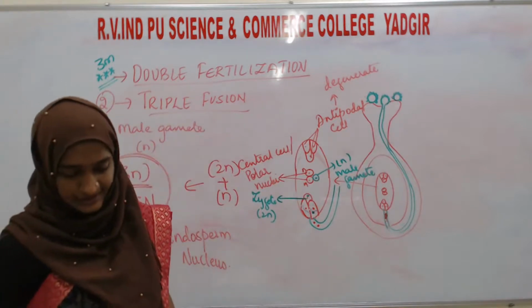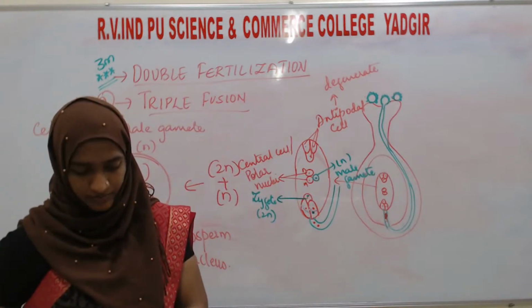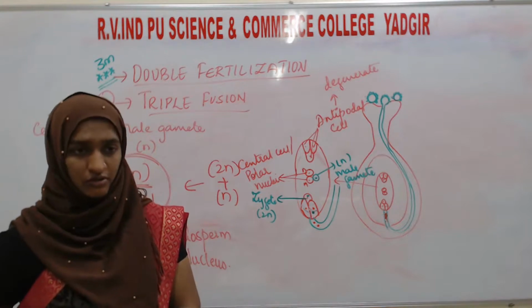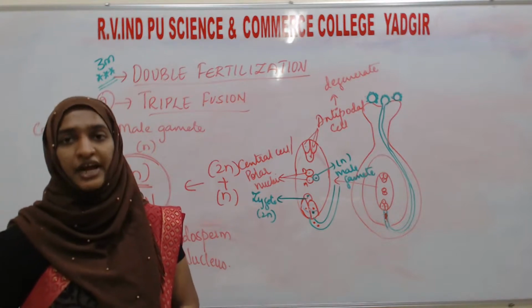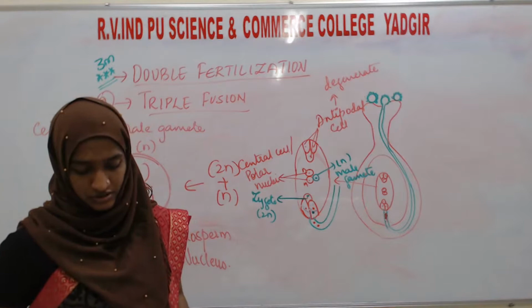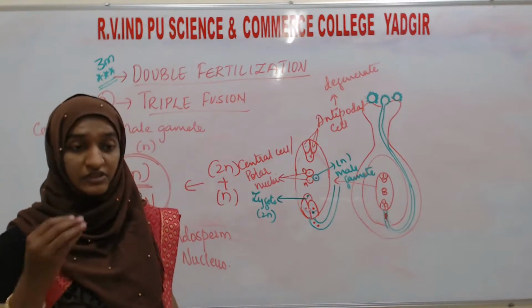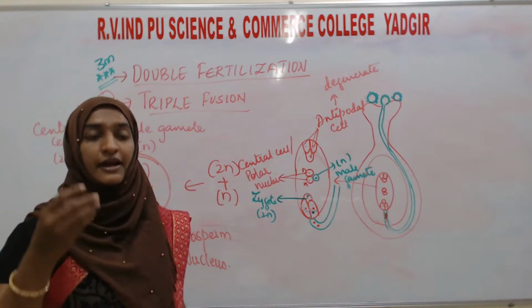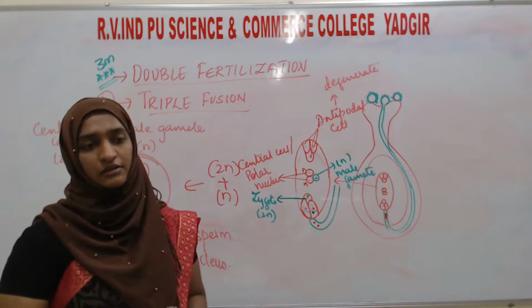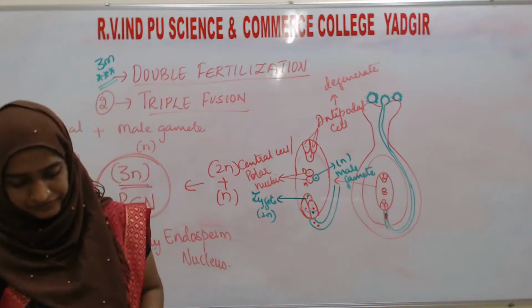Since two types of fusions take place, one is syngamy and the other is the triple fusion, together, taking place in the embryo sac, this phenomenon is known as double fertilization.